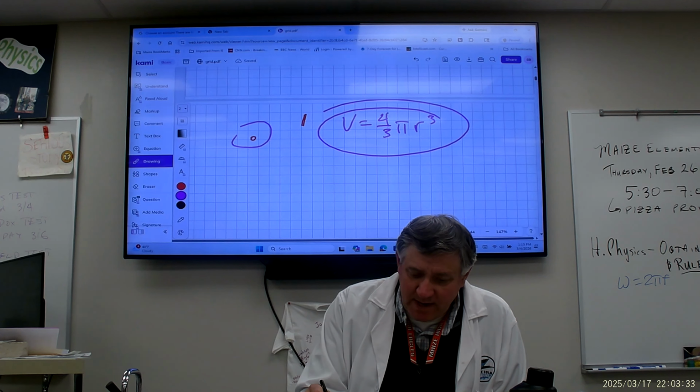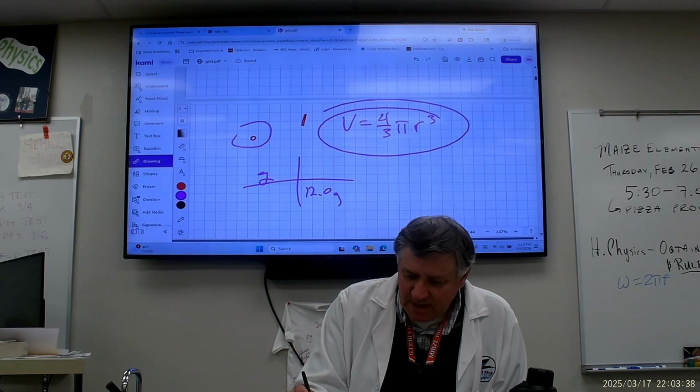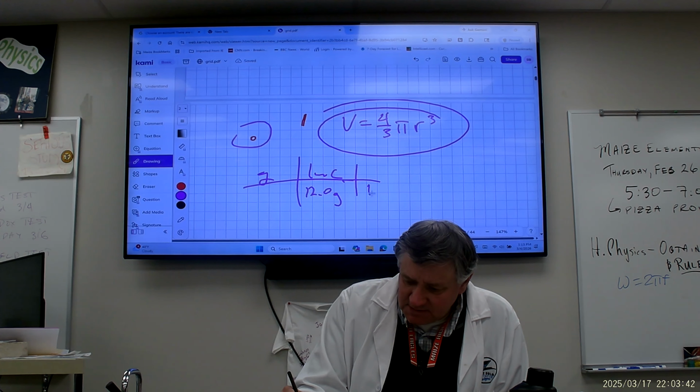So you've got to do some serious conversions. You go in grams, and the molar mass of carbon is 12.0 grams per 1 mole of carbon. Then you can use Avogadro's number: 1 mole is 6.02 times 10 to the 23rd atoms. Each atom of carbon contains how many protons? 6. So you need one more conversion, each atom is 6 protons.